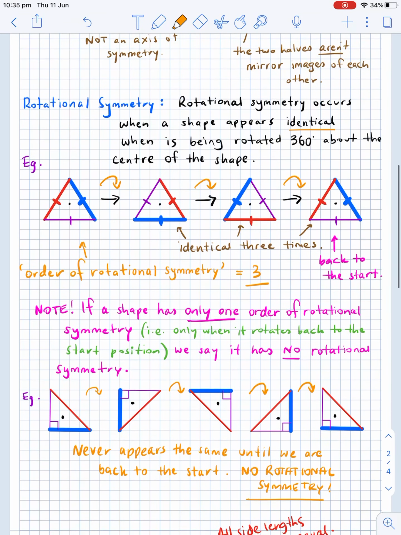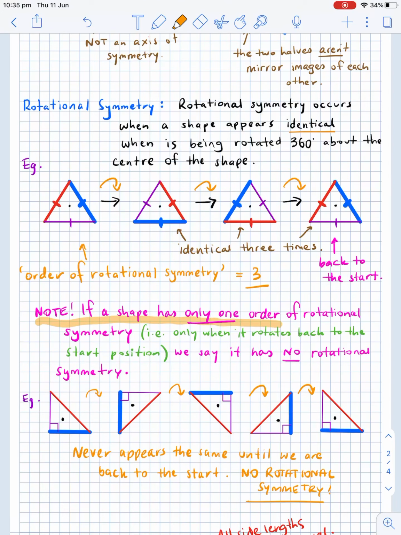Now, note, if a shape only has one order of rotational symmetry, i.e. only when it rotates back to the start position does it look the same, we say it has no rotational symmetry. So if it only looks the same when it does the full 360 degree rotation, we say that it has no rotational symmetry, instead of saying that it has one.